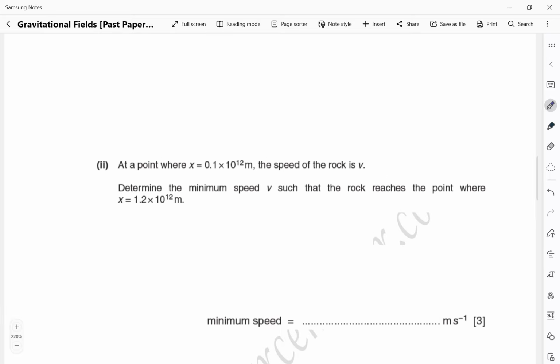At a point x equals 0.1 times 10 to the power of 12 meters, the speed of the rock is v. Determine the minimum speed v such that the rock reaches the point where x is 1.2 times 10 to the power of 12 meters. Minimum speed.